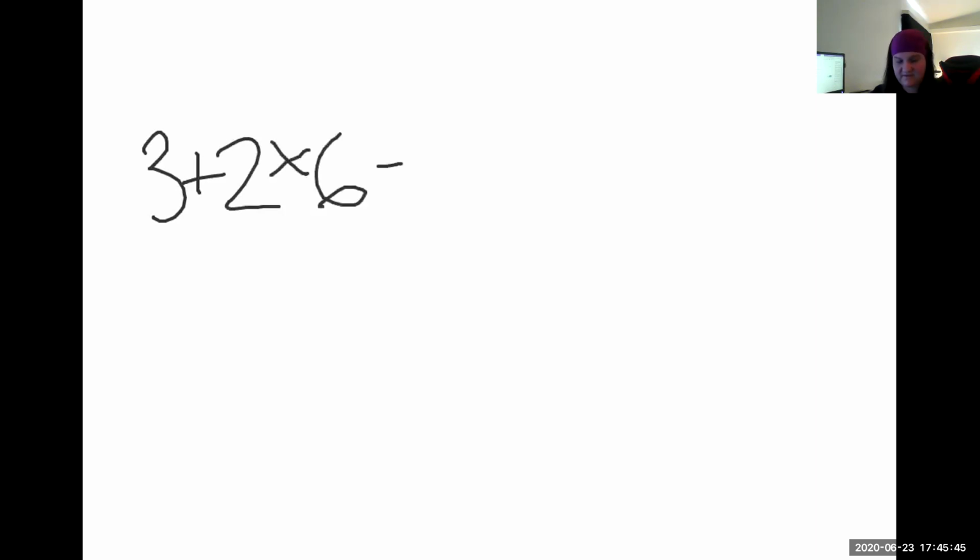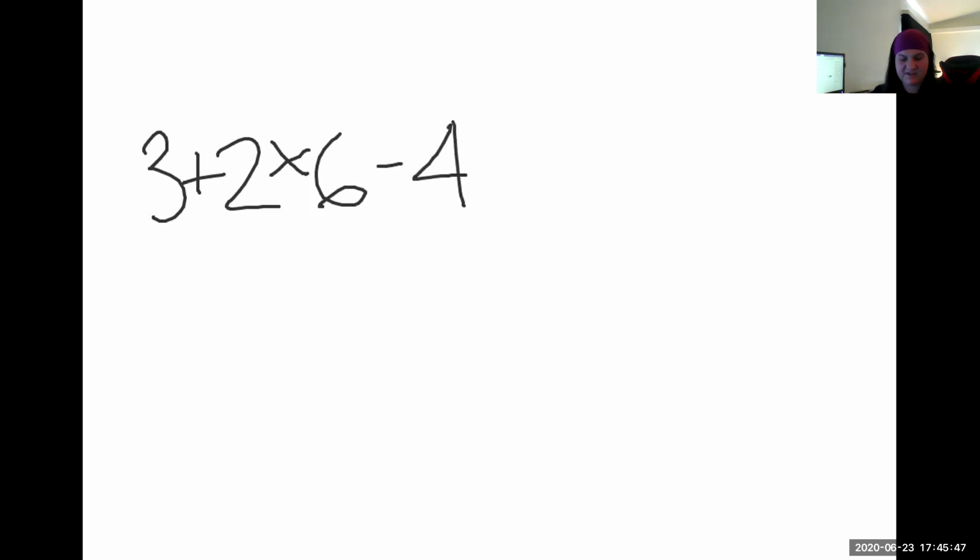All right, which of the following is the correct value of 3 plus 2 times 6 minus 4? Well, let's look at our answers. We have 32, 10, 11, and 26. So we know that our answer should at least mirror one of these options. I know you can't see that because we're looking at the whiteboard, but those are our options. So 3 plus 2 times 6 minus 4.